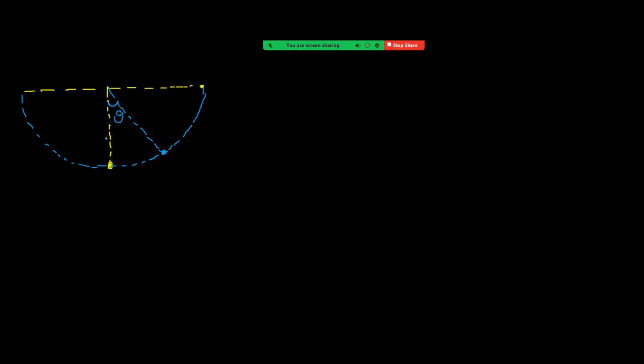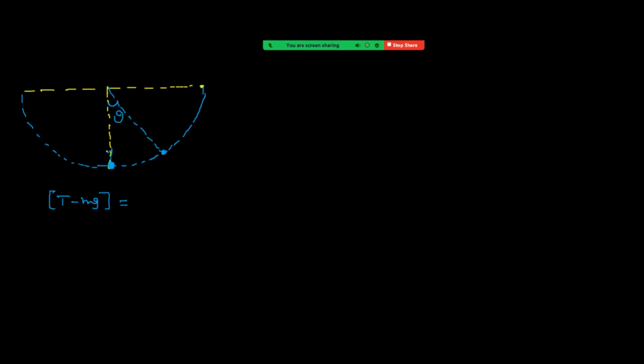Next, verify vertically upwards. When string is vertical, mg is downwards and tension upwards. Tension minus mg is now the net force, which we call centripetal force.